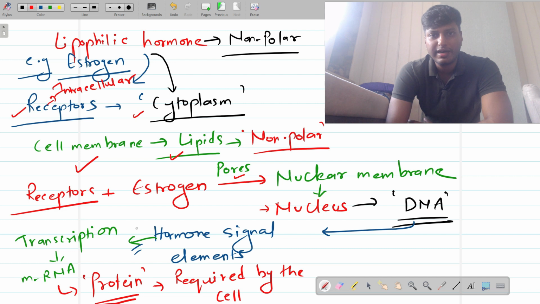Once they get associated with the hormone receptor complexes, they will get activated, and then special kind of mRNAs are going to be formed from the DNA, and these mRNAs will form a specific protein which is required by the cell. So this is how signal transduction occurs in case of a lipophilic signal, that is basically a non-polar signal.